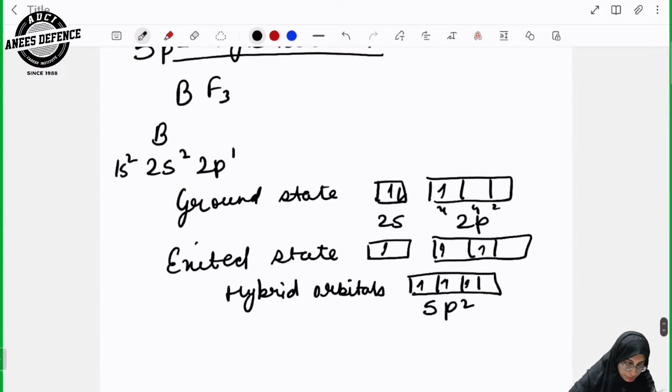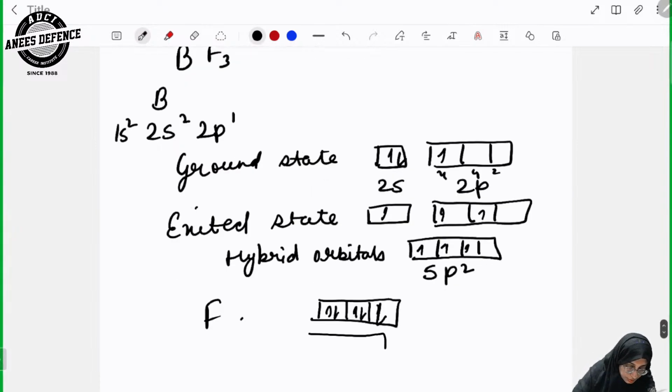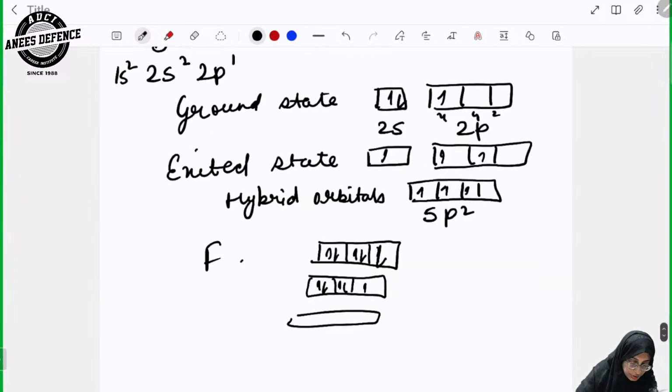Now we have to make bonds with the three fluorine atoms. Fluorine has one half-filled orbital in pz, so all three fluorine atoms will make a bond with this one boron atom.